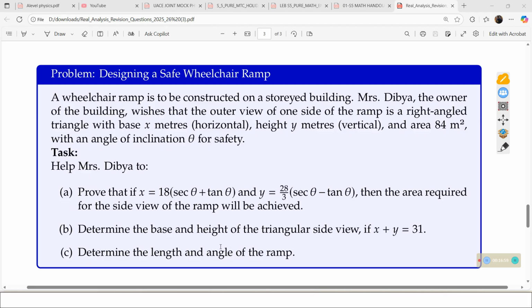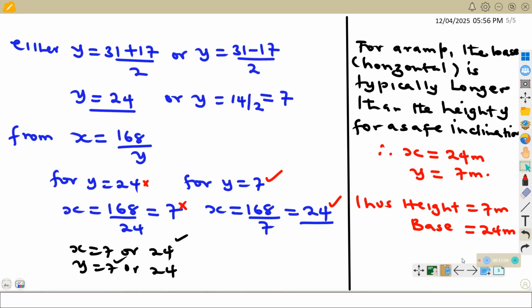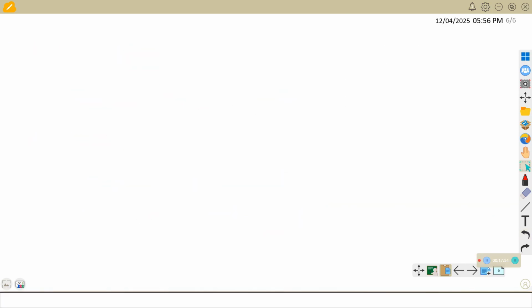And part C, determine the length and angle of the ramp. So we need the length. The length of the ramp will be actually what we call the hypotenuse. So next we are interested in the length.